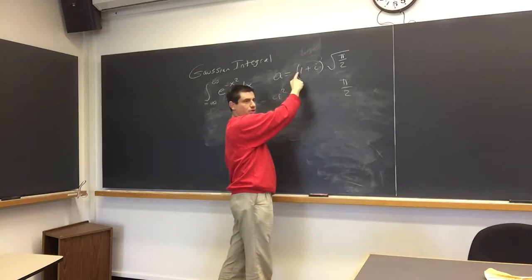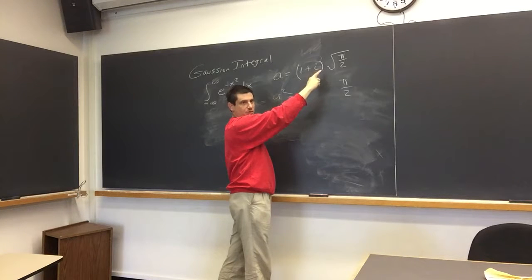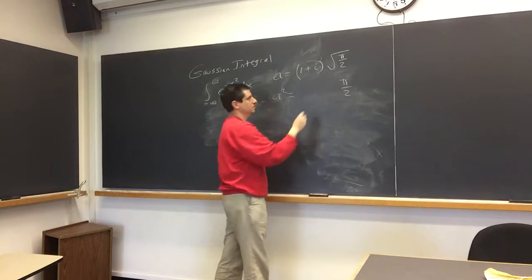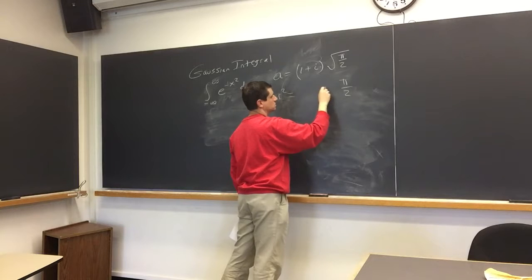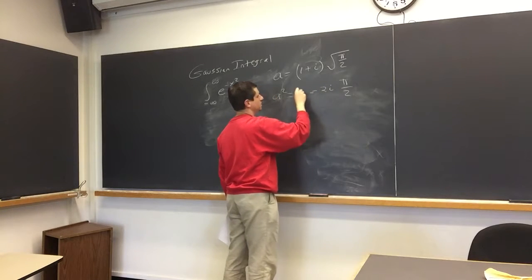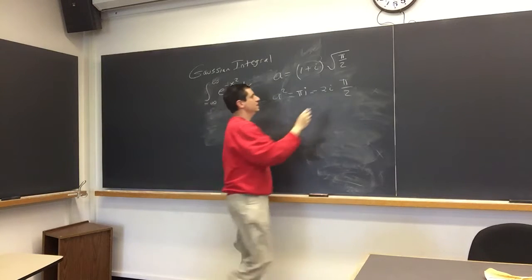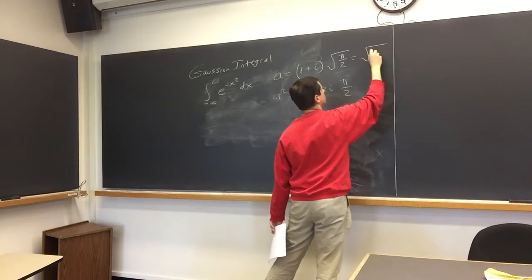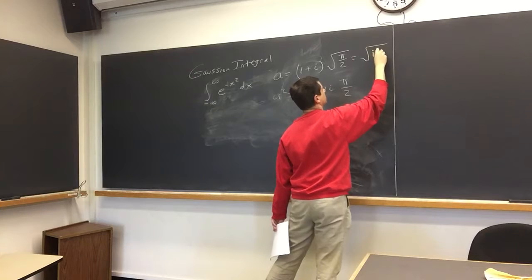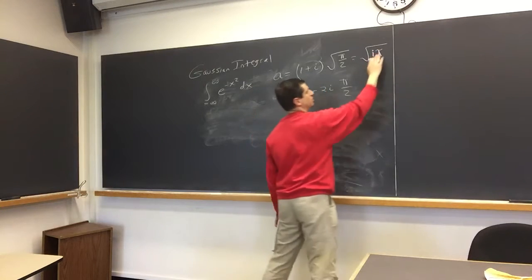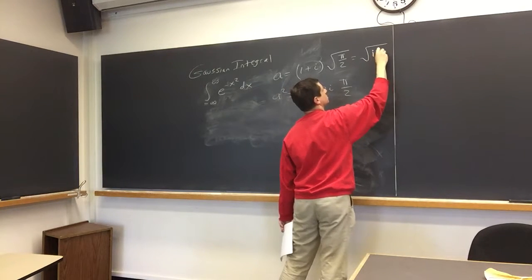We'll get 1 squared minus i squared, which is 0, plus 2i. So we just get pi i. So another way of writing this is the square root of i pi.